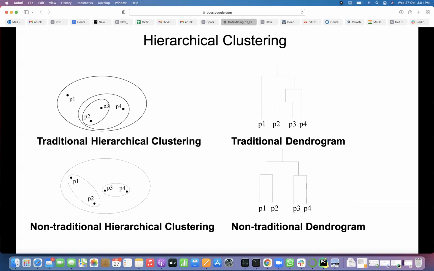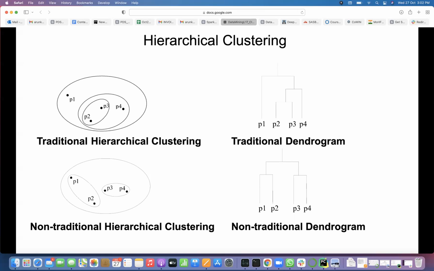You have 2 small clusters, P2 and P3. P2 and P3 are different, but both are part of the cluster P4. And P2, P3, P4 are part of the cluster P1. So P1 is the super cluster, and P4 is the subcluster for P1 and the super cluster for P2 and P3.